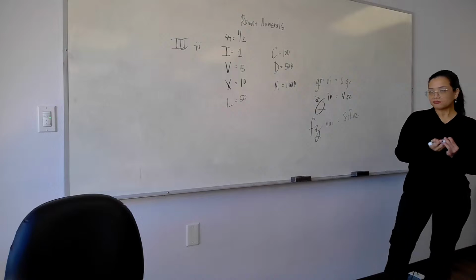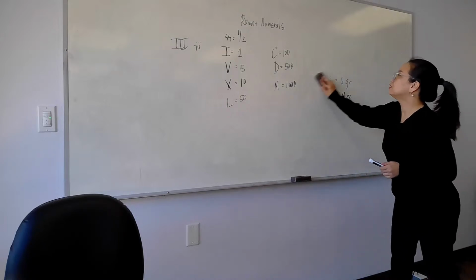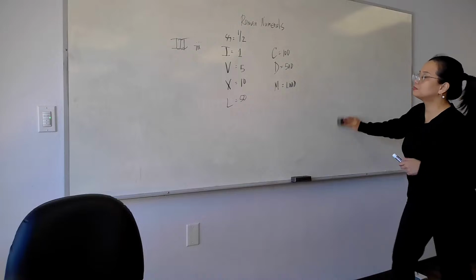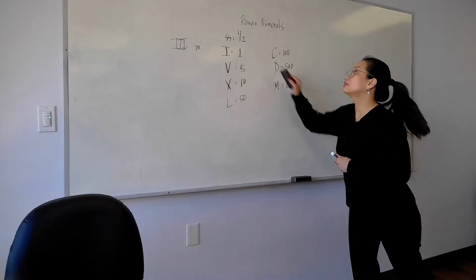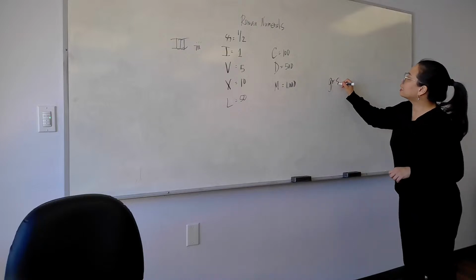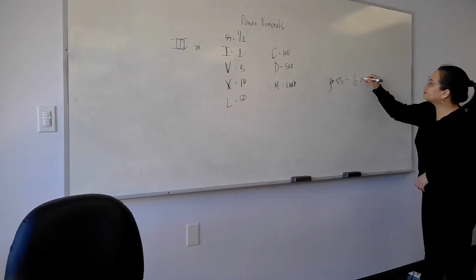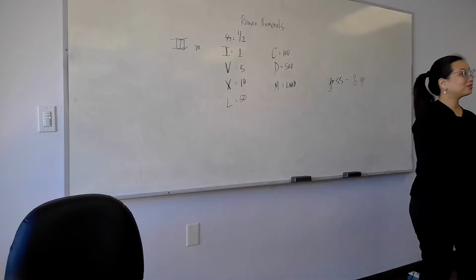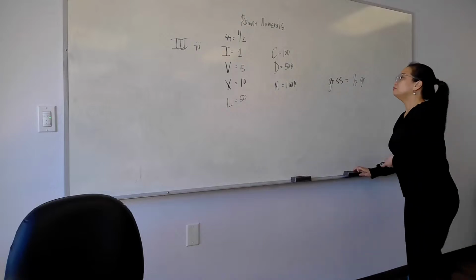Okay? Just a review so that you know. Okay. Clear? Okay. Semi is half. One more application. GR SS. What do you think this is? Half a grain. 0.5 GR. Okay.